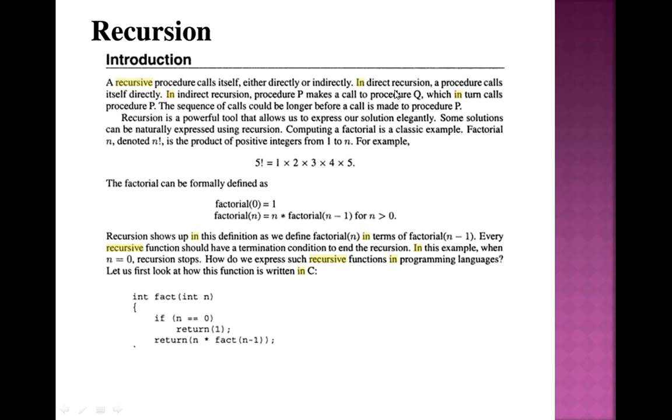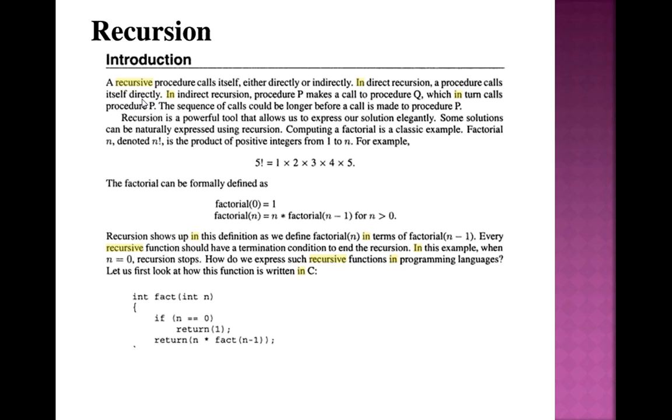In direct recursion, a procedure calls itself directly. For example, if there is a procedure P that calls itself, that is known as direct recursion. And if a procedure calls itself indirectly, that is known as indirect recursion.